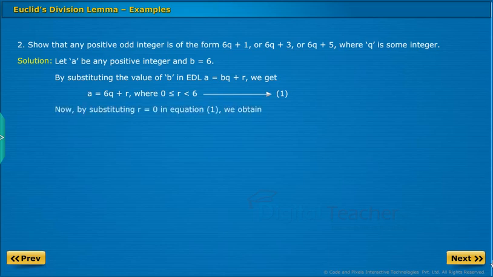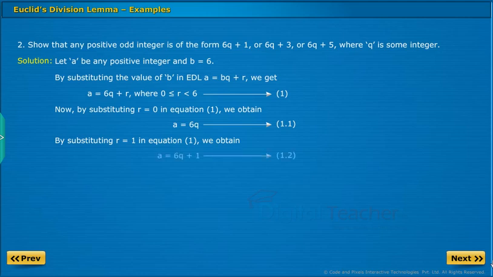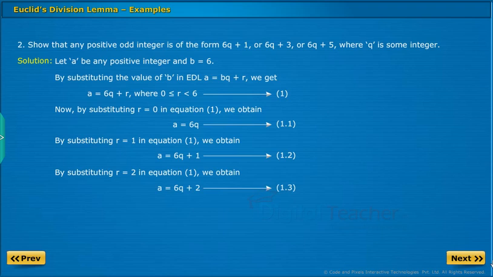Now, by substituting r equal to 0 in equation 1, we obtain a equal to 6q. By substituting r equal to 1, we obtain a equal to 6q plus 1. By substituting r equal to 2, we obtain a equal to 6q plus 2.